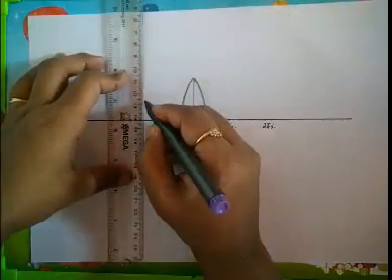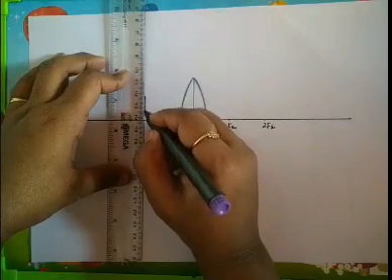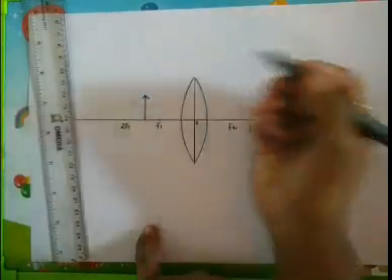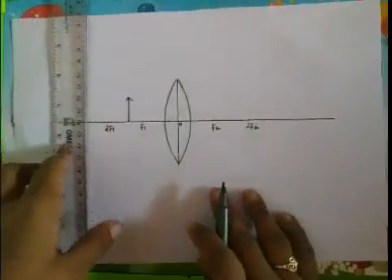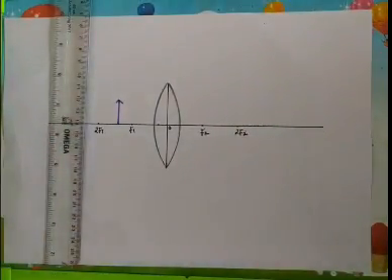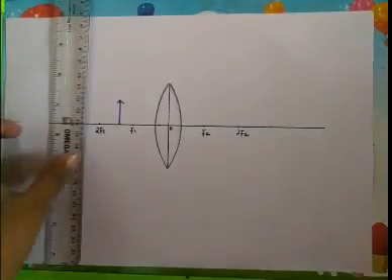Between 2f1 and f1, here I am keeping the object. This is my object. Now I am going to draw the image of this object. So in the same way I'll apply the first rule.